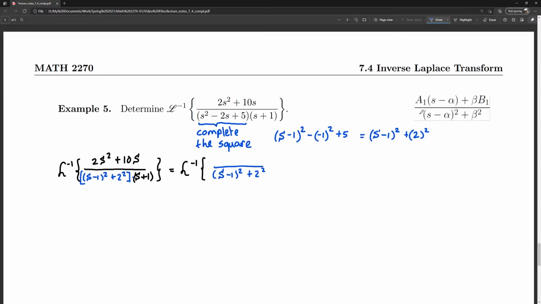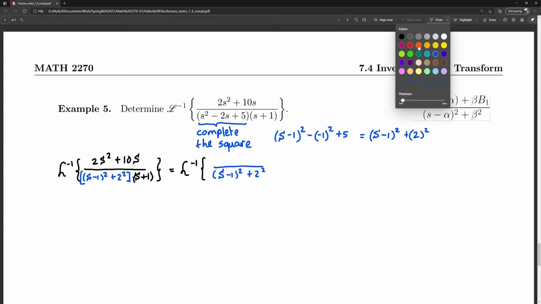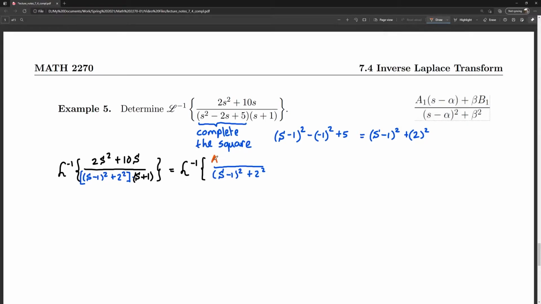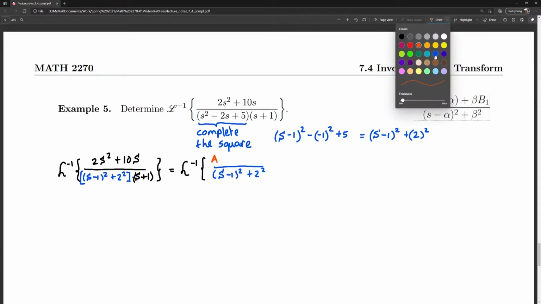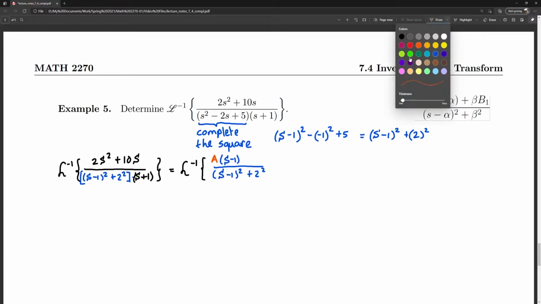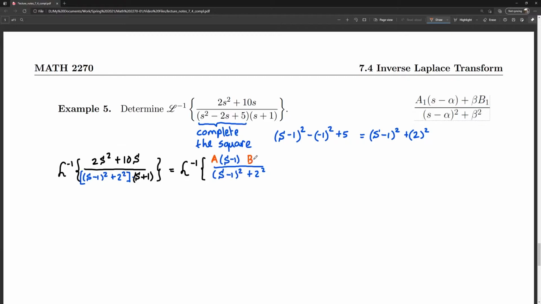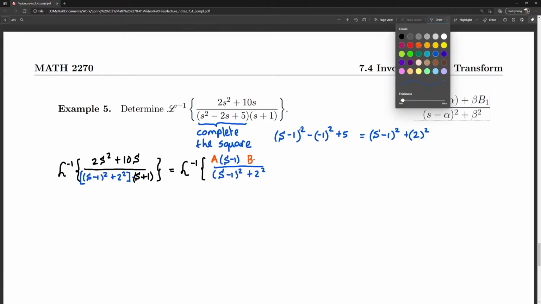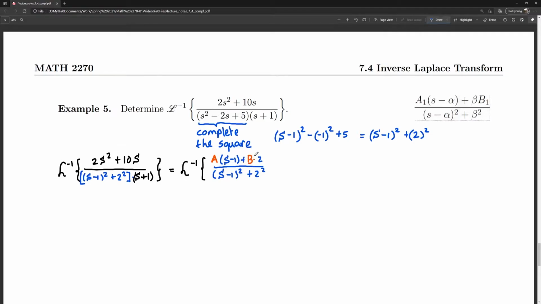And then in the numerator, we're going to have a constant, which we'll just call a, times s minus 1. And then plus a constant times beta. So that is going to be plus b times 2. So our beta is 2, and I just called that constant b.